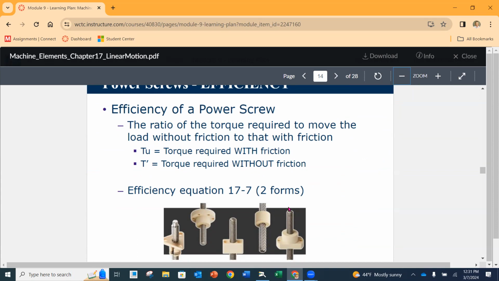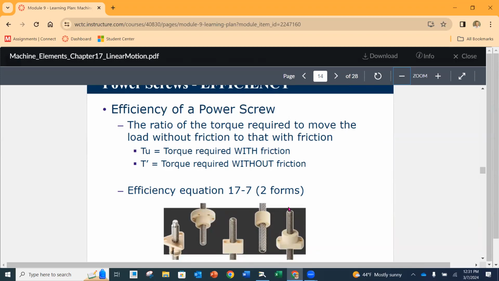Now, with lead or power screws, because there's a lot of surface contact between the internal threads of the nut and the external threads on the lead screw itself, the efficiencies aren't so great. They're about 20-30% efficient is about all you get out of them.